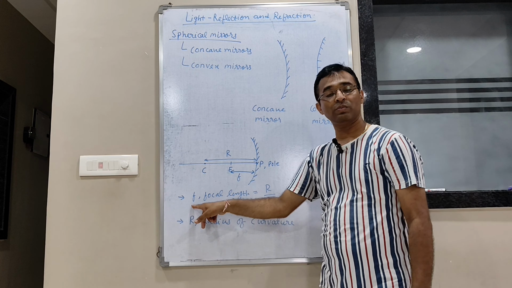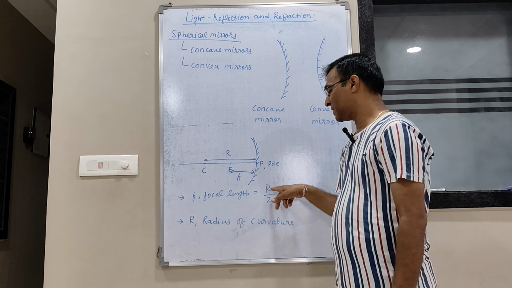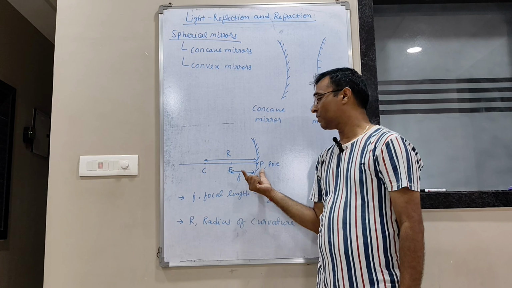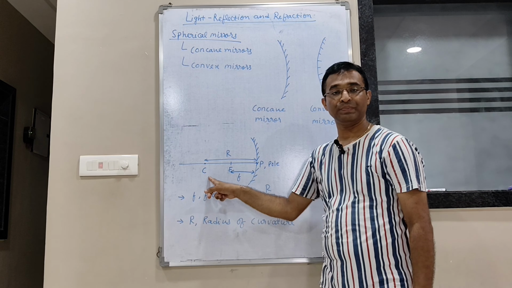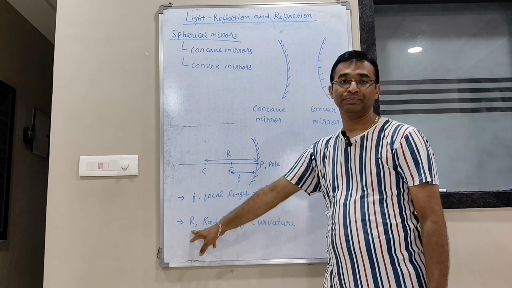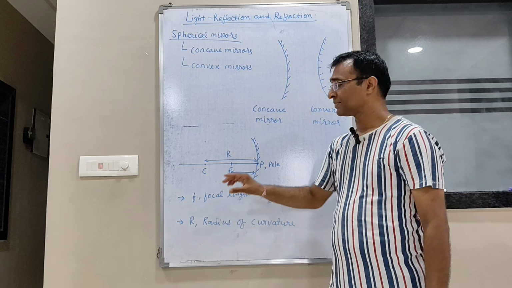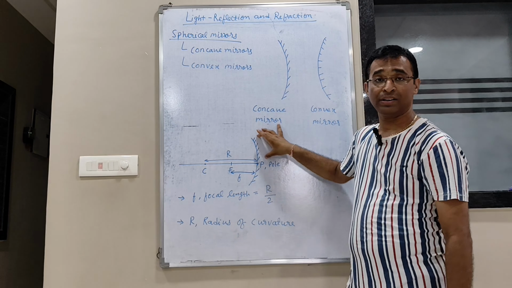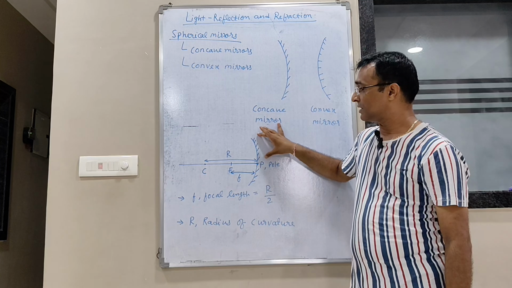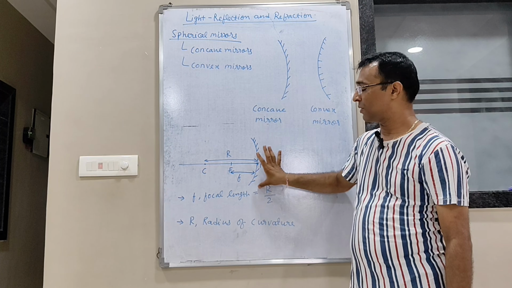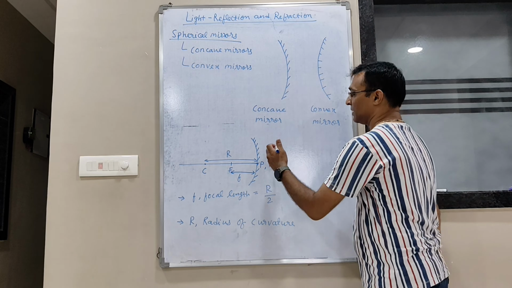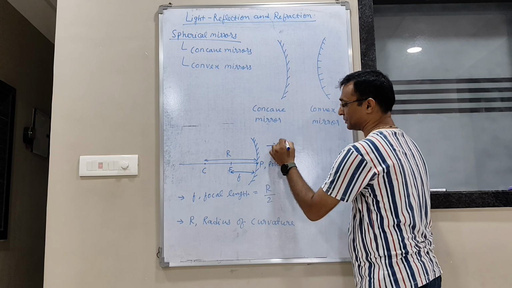It is denoted by small f and its relation is f equals R upon 2, where R is the distance from the pole to the center of curvature, represented by the symbol R. And the distance between this point and this end point is known as the aperture of a concave mirror.